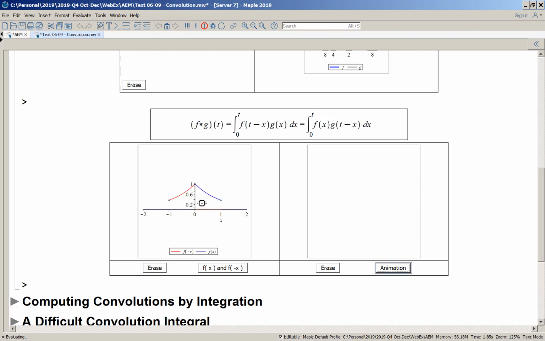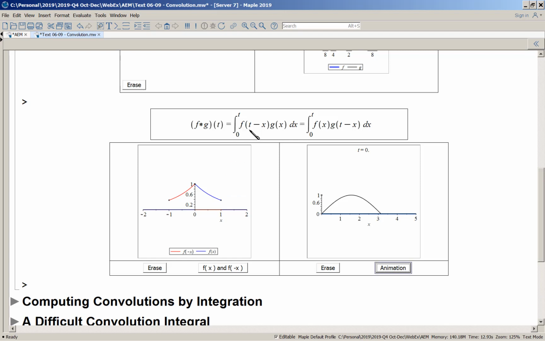So here I'm looking at the function f. I'm looking at this integral. The function f when t is 0. So f of minus x. It flips this blue branch over here across the y-axis. It's this red branch, and then it'll go to 0 on this side.